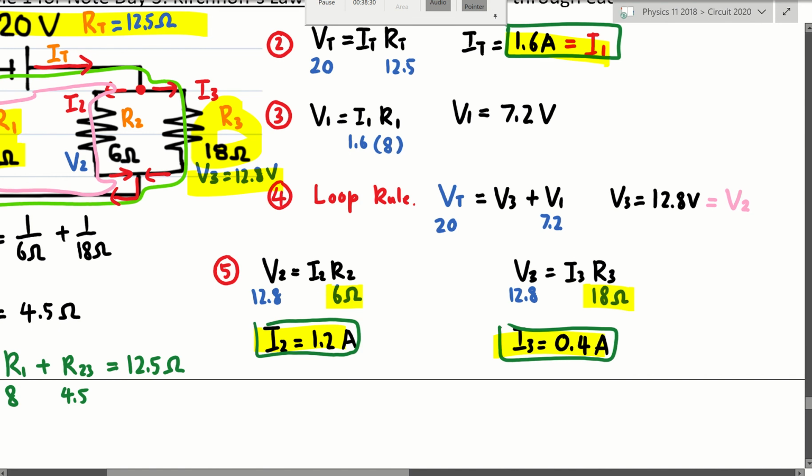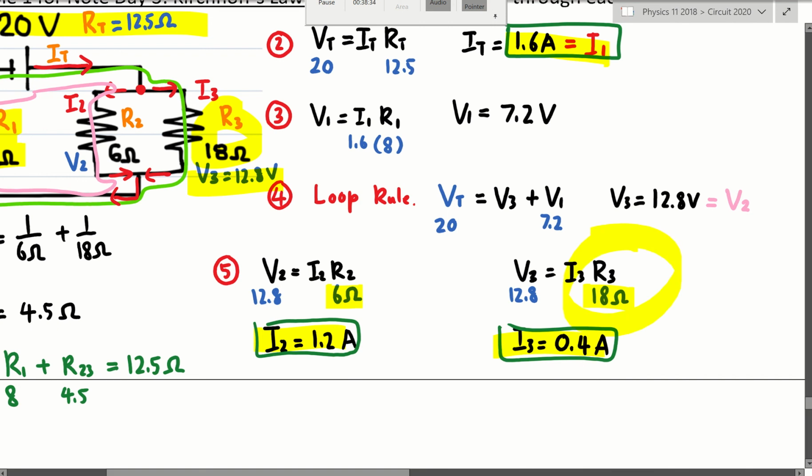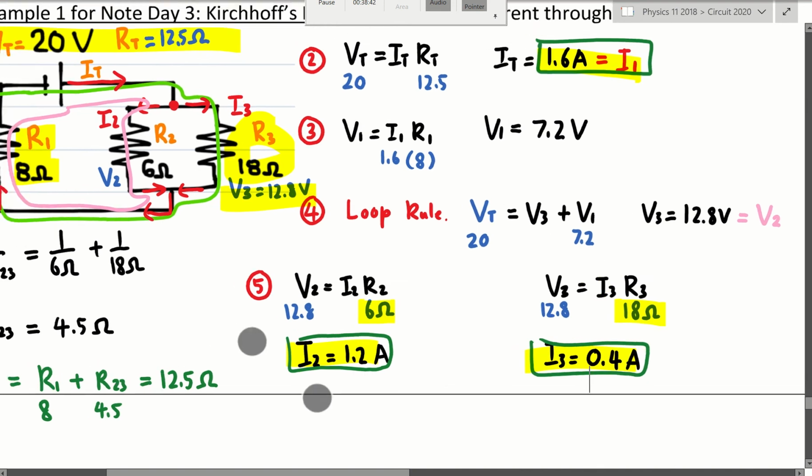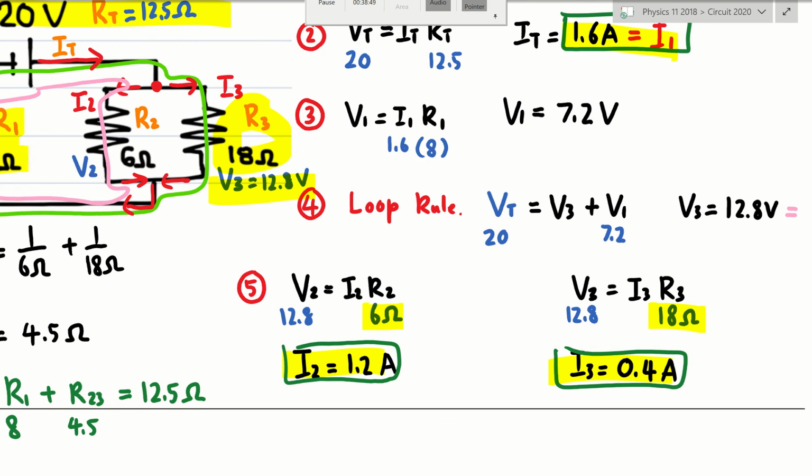But it's reversed. So R3 is 3 times bigger, but I3 is 3 times smaller, right? It's 0.4 compared to 1.2. Now, it turns out that it makes sense because higher resistance means more traffic. More traffic means fewer people would like to go through, right? Longer waiting time means fewer people would like to go through.